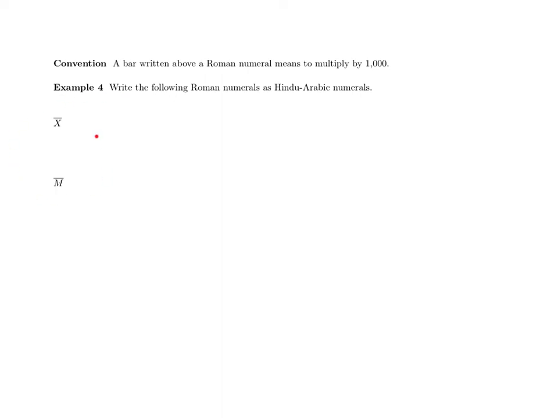Let's take these Roman numerals and convert them into a base 10 number. For this one here, X with a bar over the top means X is 10, and we are multiplying it by 1,000. That is a total of 4 zeros that will appear after a 1. So here's a concise way that you can write 10,000 in Roman numerals.